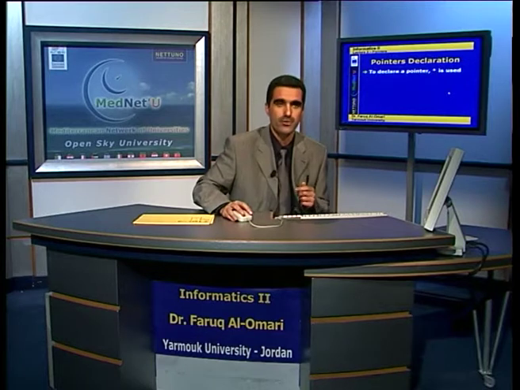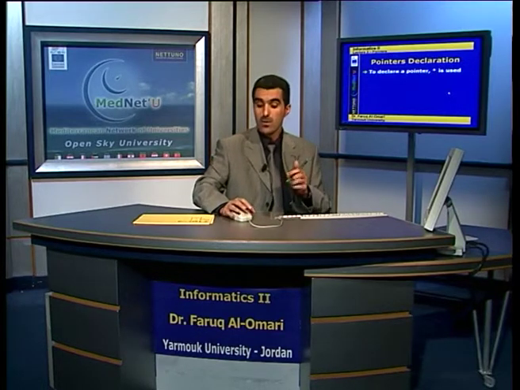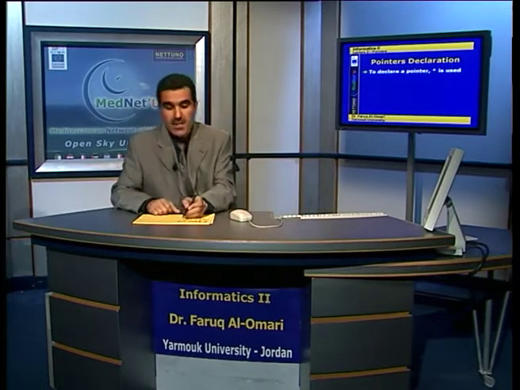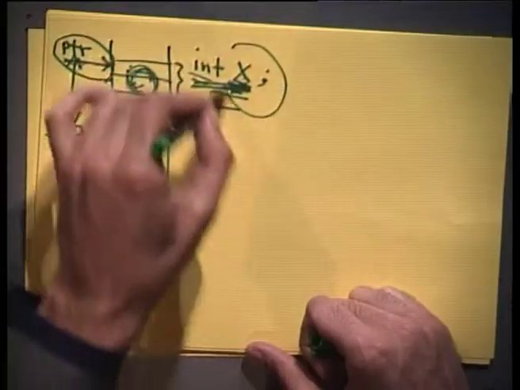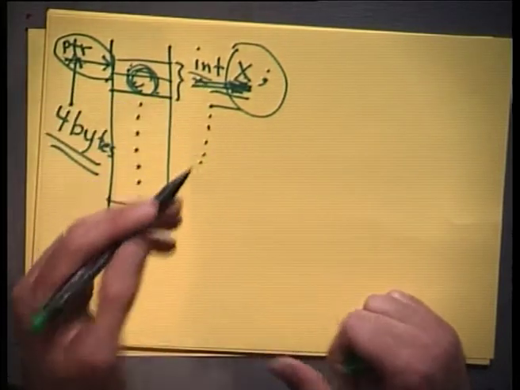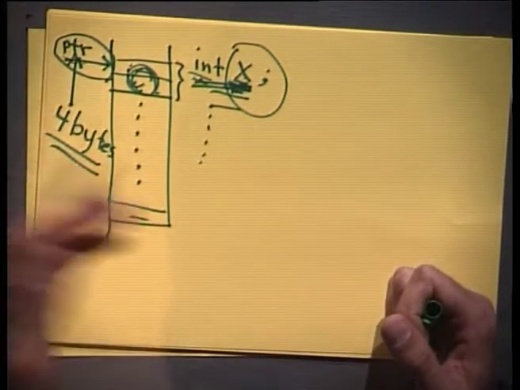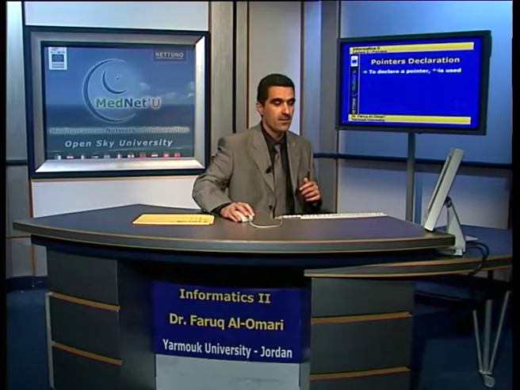How to declare a pointer? Well, when we say integer x, we're defining a variable called x, and we're going to assign a value to it. Based on how x is defined, whether it's an integer, a character, or something else, a number of bytes are reserved accordingly in memory. However, to define a pointer in C, we use the asterisk, the star.